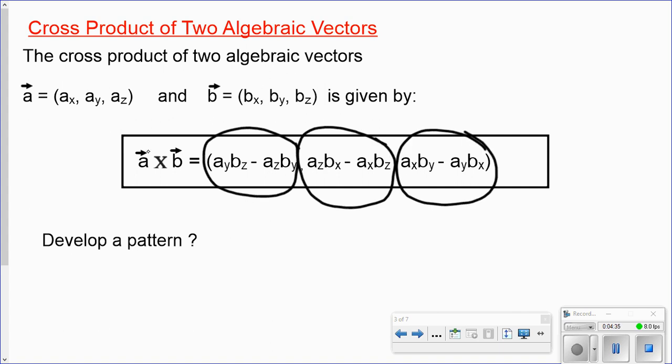It looks like the x component is generated by Ay times Bz, subtract Az times By. So the x component of my cross product doesn't use the x components at all in the individual vector products. It uses Ay and Bz and Az and By, and similarly, to find the y component, I use z and x. And similarly, to find the z component, I use x and y.